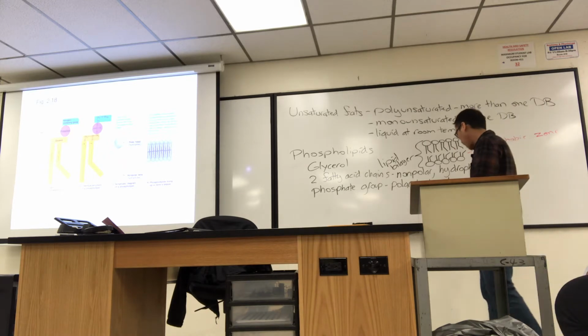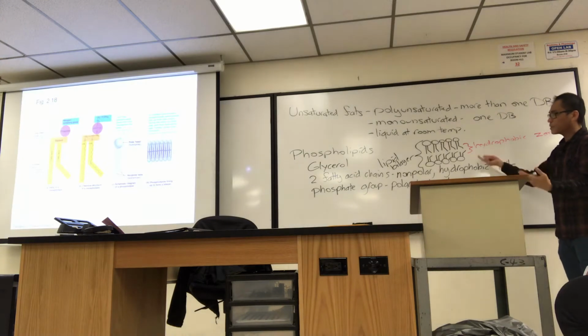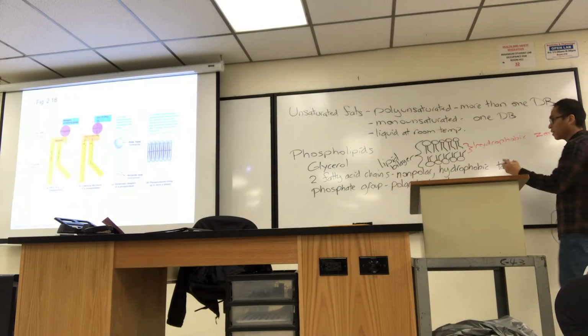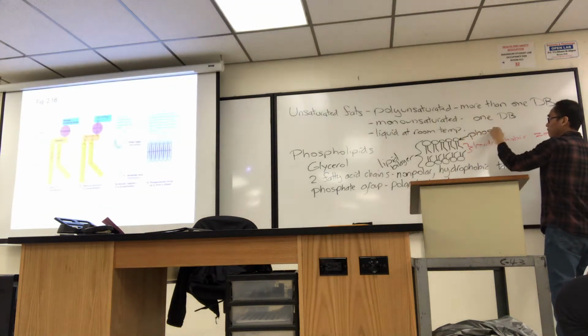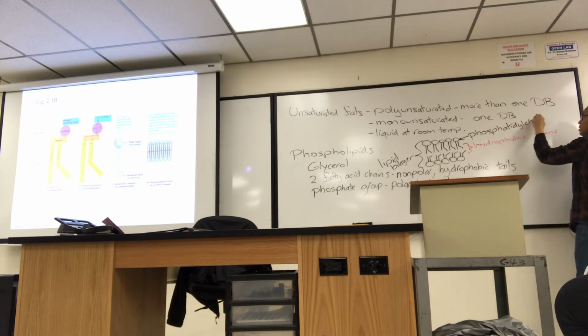There are different types of phospholipids. The most common one that forms this lipid bilayer in the cell membrane is called phosphatidylcholine. Let me write that on the board. So, as a type of phospholipid, phosphatidylcholine.